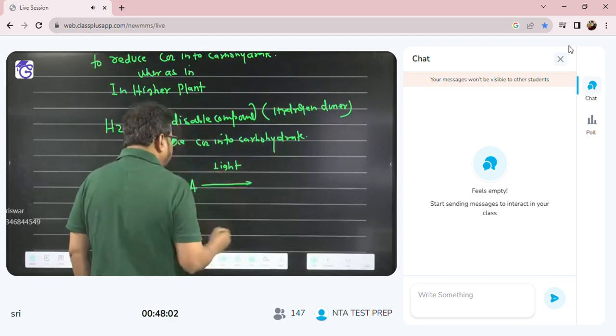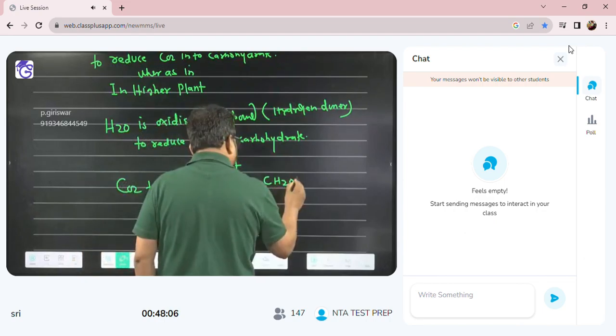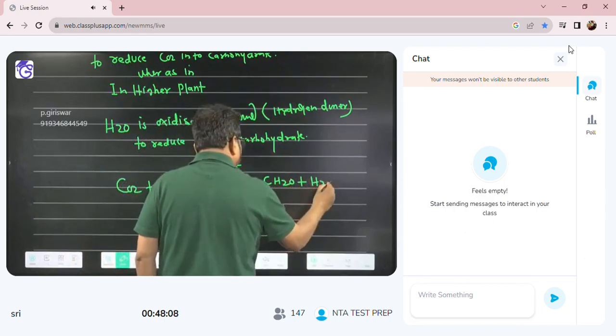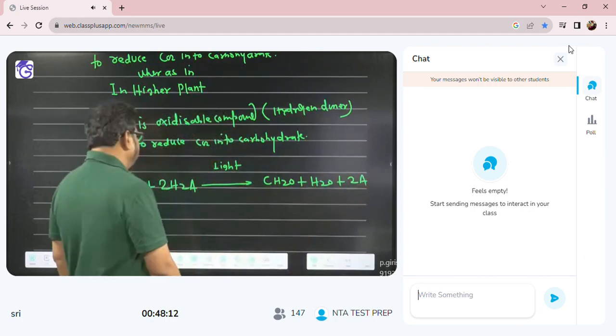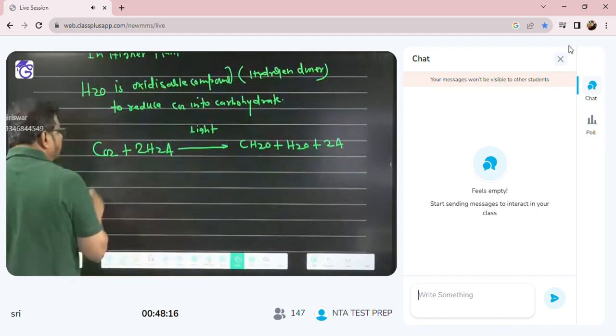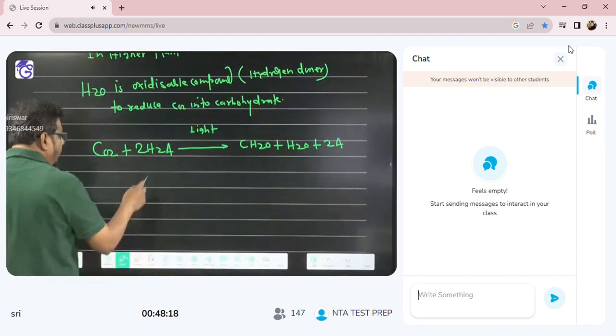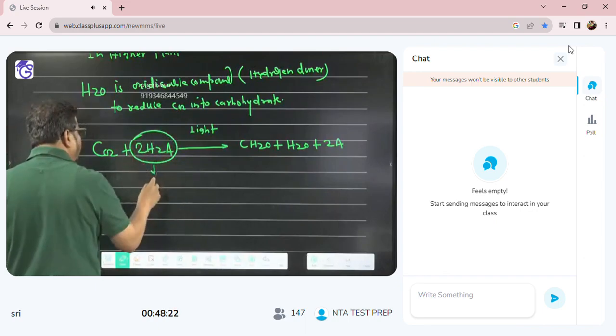Getting the things or not? It converted into CH2O plus H2O plus 2A. This is the empirical equation of photosynthesis given by Van Niel, and here 2H2A is what? Oxidizable compound.